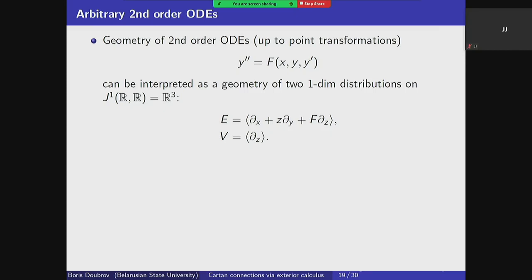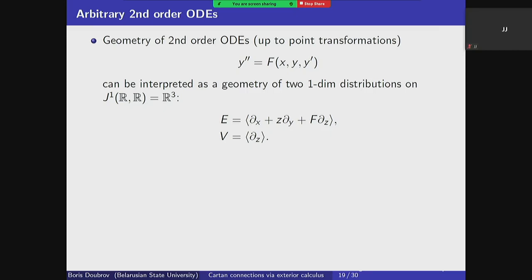Yes, the planes may be the same, but the planes do not depend on the choice of the function f. For another equation, the vertical distribution V will be the same, but E will depend on the function f. So E_f is here, and for the other equation we'll have E_g, for example.